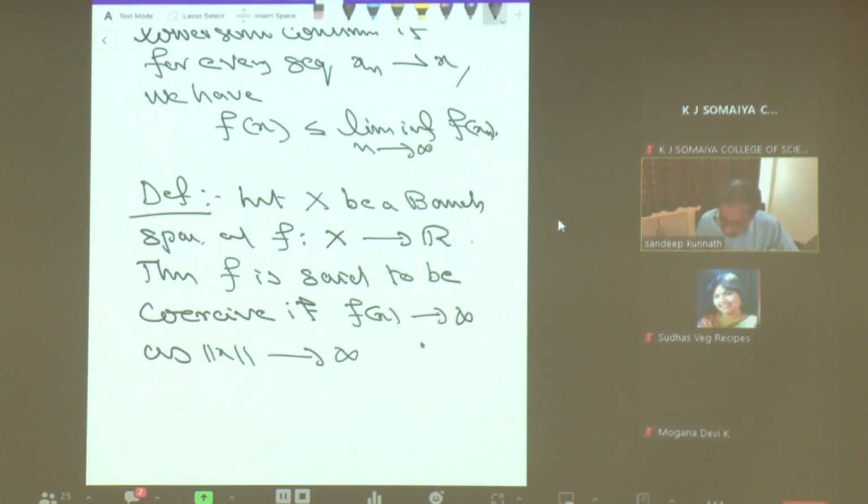That means as we go to infinity, f of x goes to infinity. This is the definition. In that case, we say that f is coercive.